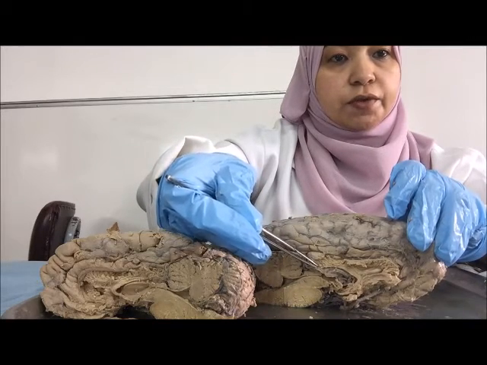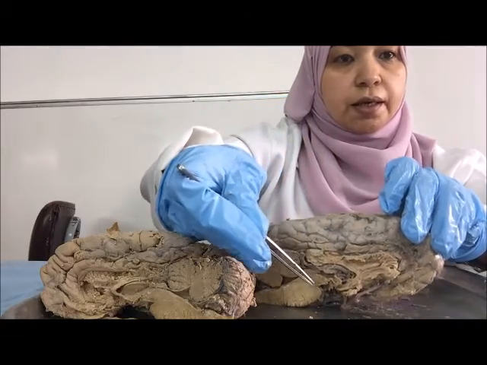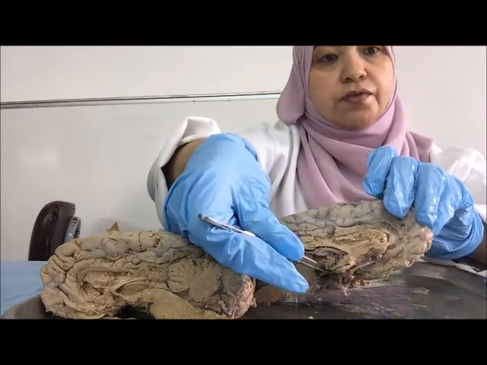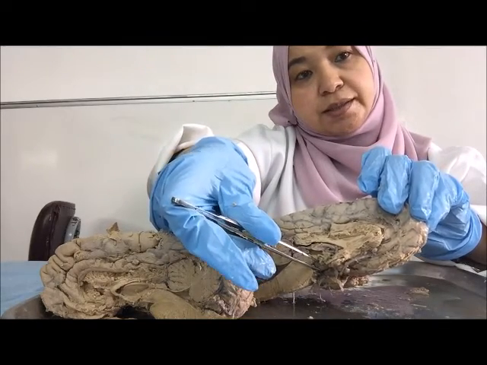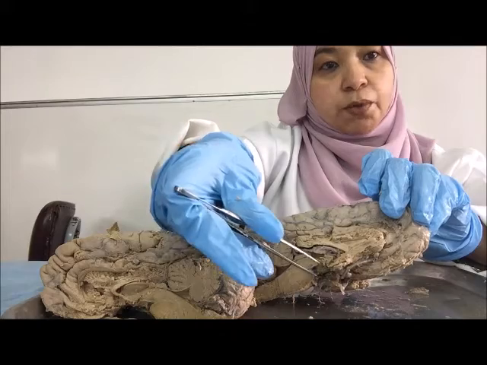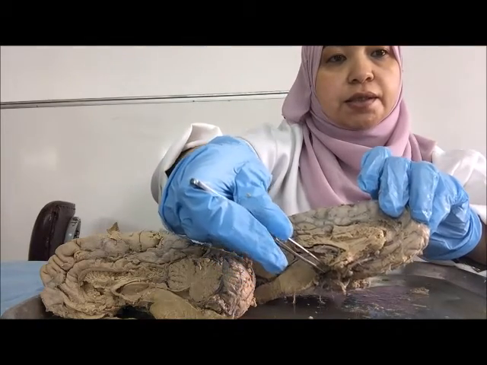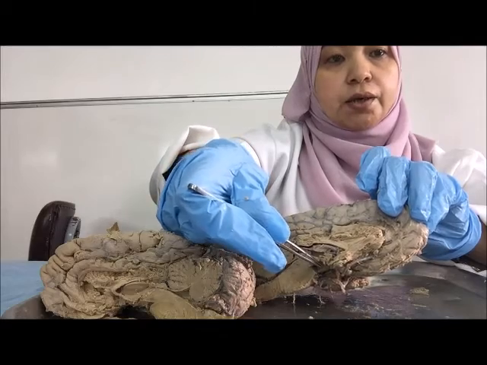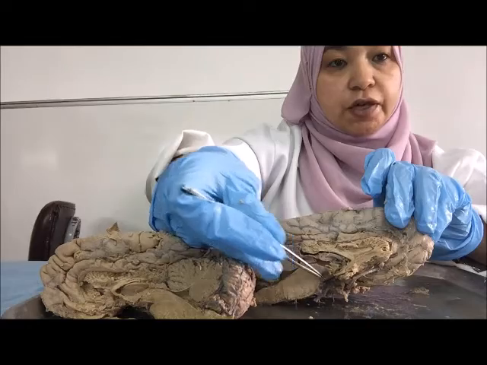The crura of the fornix pass in the depths of the brain until they appear on the inferior surface of the brain here as the hippocampus, because if we study the anatomy of the hippocampus, it lies in the parahippocampal gyrus on the inferior surface of the brain, and it gives efferent fibers.